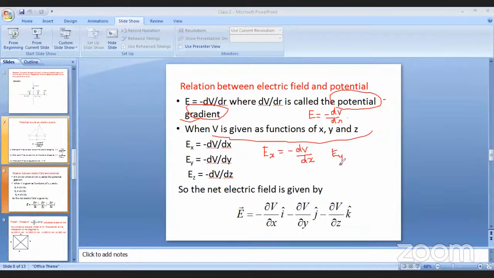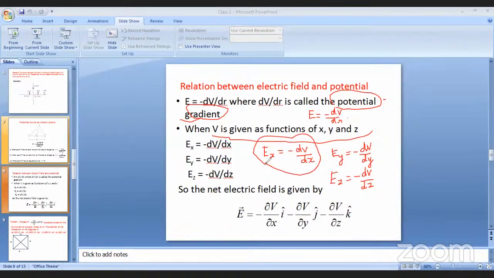Then Ey equal to minus dV by dy. And Ez equal to minus dV by dz. These are the components of electric field. When your potential is given as functions of x, y, and z, you can do like this and you can find out the electric field.